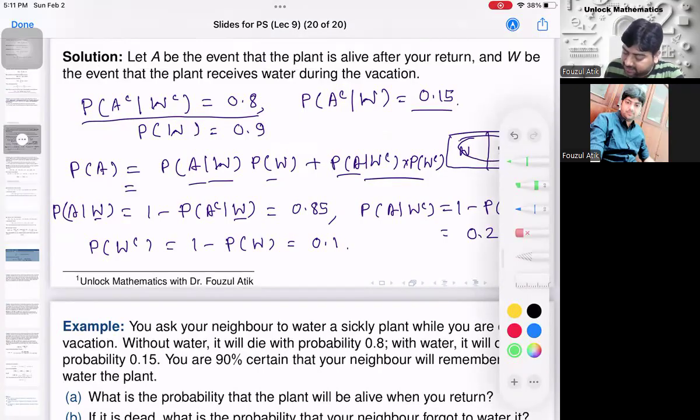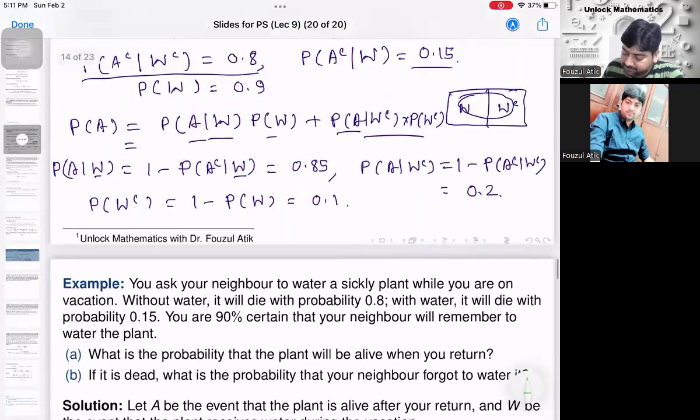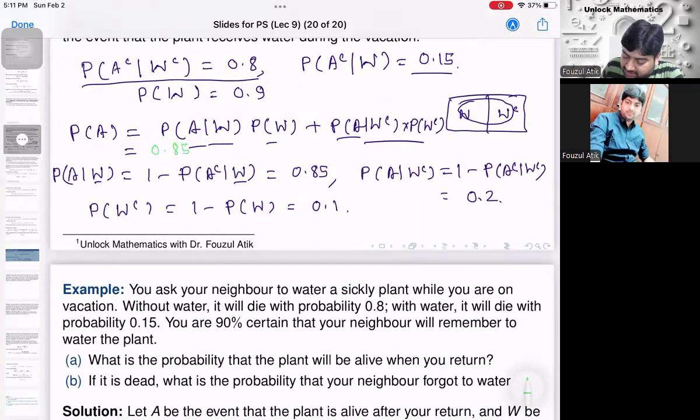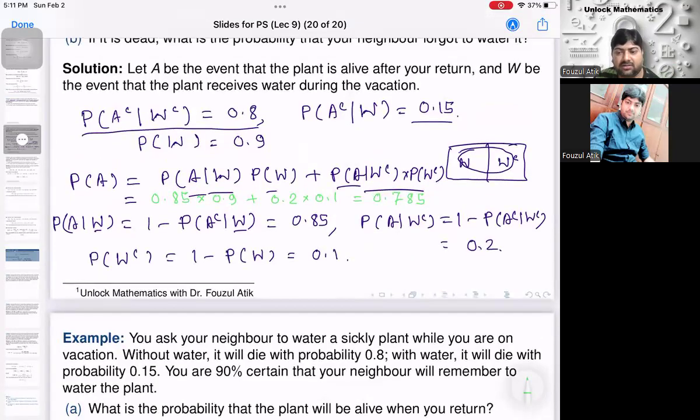So this is P of A given W, 0.85, into P of W, 0.9, plus P of A given W complement, which we already have as 0.2, into P of W complement, 0.1. If I substitute all the values and then do the simplification, we'll get 0.785, right? So this is the probability that the plant will be alive when you return. Clear? So we got the P of A.